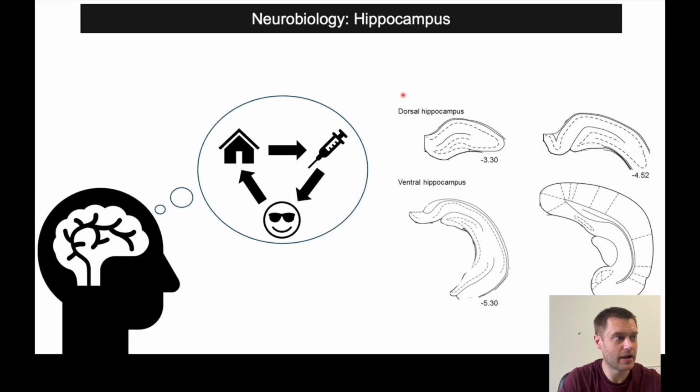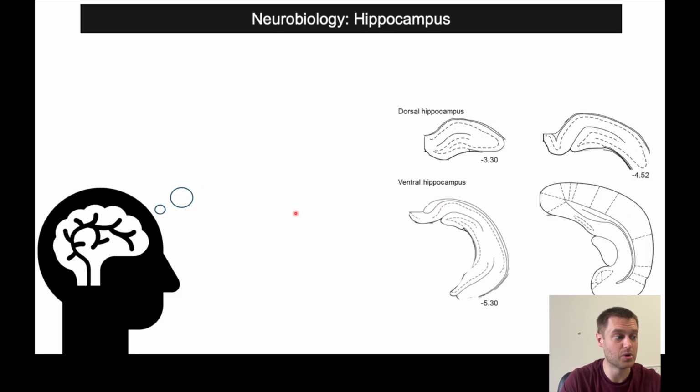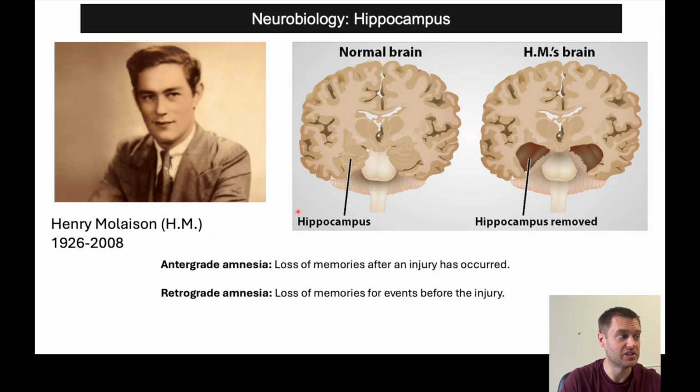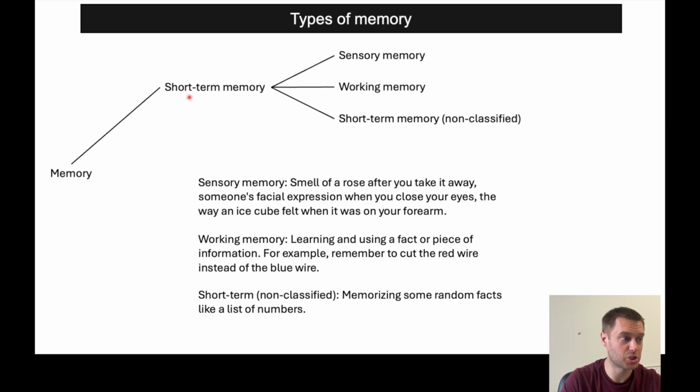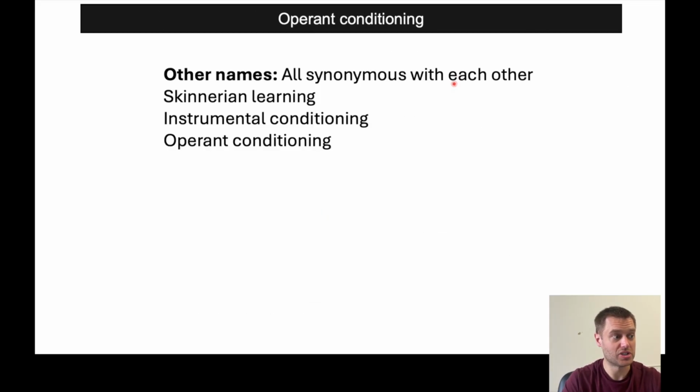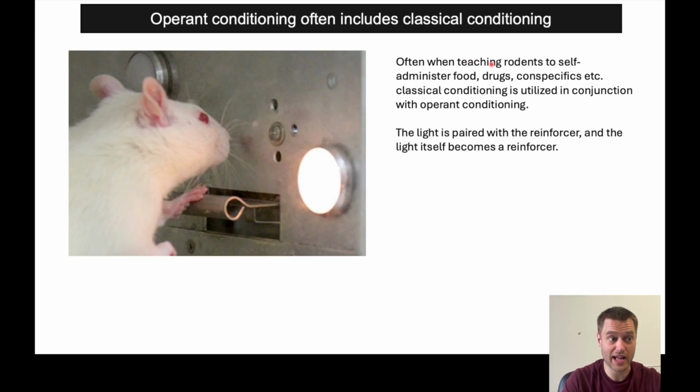You'll need to know about the dorsal hippocampus and the ventral hippocampus. The dorsal hippocampus is important for context or environmental memory, whereas the ventral hippocampus is an emotional memory area. You'll need to know about HM. You'll need to know about long-term memory, short-term memory, and the various subcategories of those. You'll need to know about operant conditioning and the fact that it involves classical conditioning.